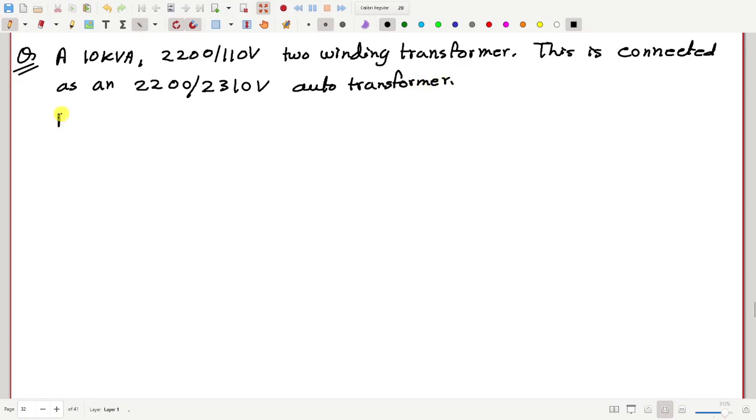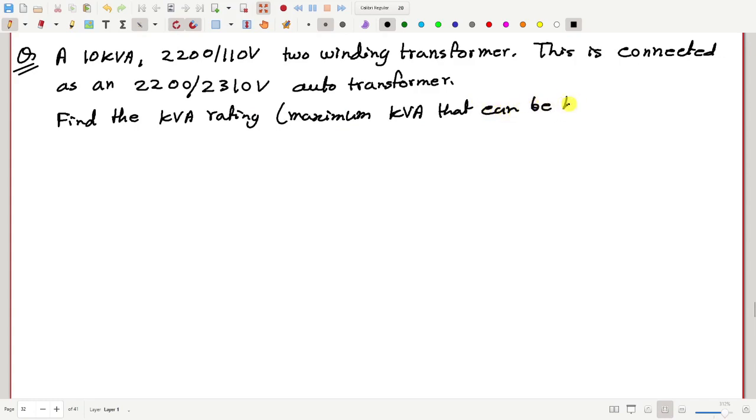Find the kVA rating, that means the maximum kVA that can be handled by this reconnected auto transformer.